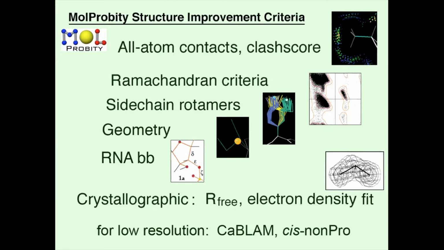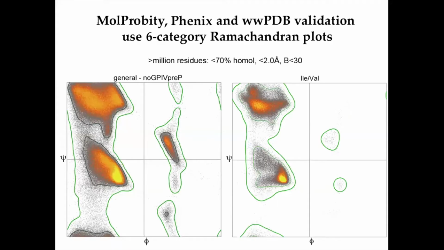And now for lower resolution, we have other new tools. These all need to work together, so they had to be modified a little bit to work well together, but this has been working now for quite a while.